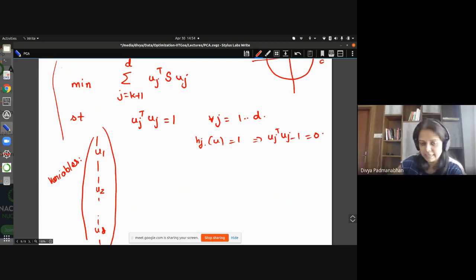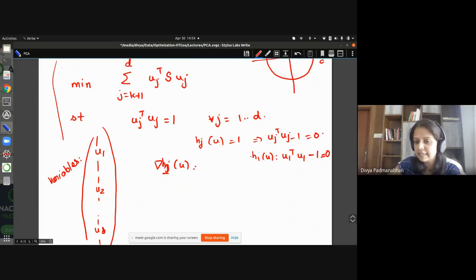If I take the gradient of Hj of U, let's take j equals 1. So h1 of u is the constraint that u1 transpose u1 minus 1 is 0.